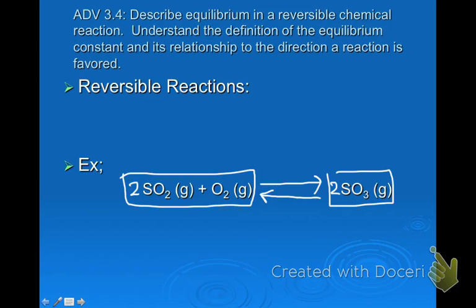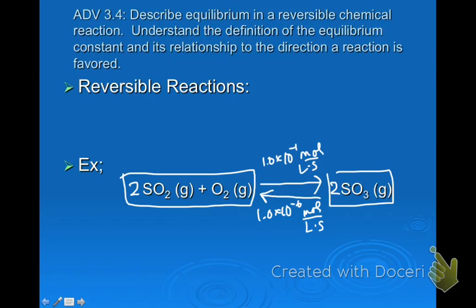Now they don't have to occur at the same rate. So for example, once you start this reaction, the forward reaction might be going really, really fast. You might have a rate of 1.0 times 10 to the negative 1 moles per liter second. And the rate of the backwards reaction might be really slow. It might be 1.0 times 10 to the negative 6 moles per liter second.